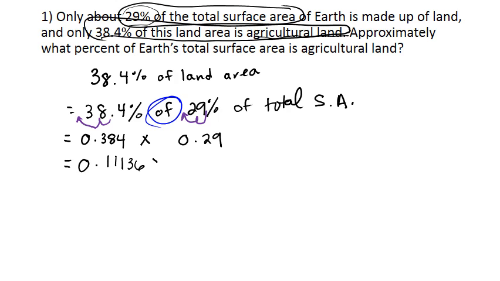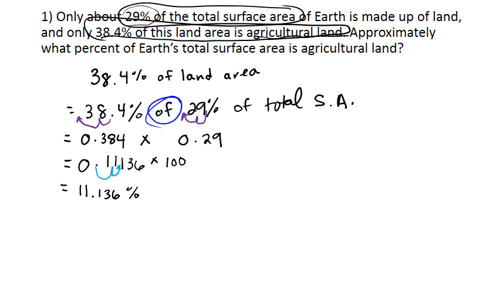And then we're going to multiply that. We want this to be a percentage, so we'll multiply it by 100 to go from a decimal to a percent. And that means that we're moving the decimal spot 2 spots to the right, so 1, 2. What we'll end up with is 11.136%.